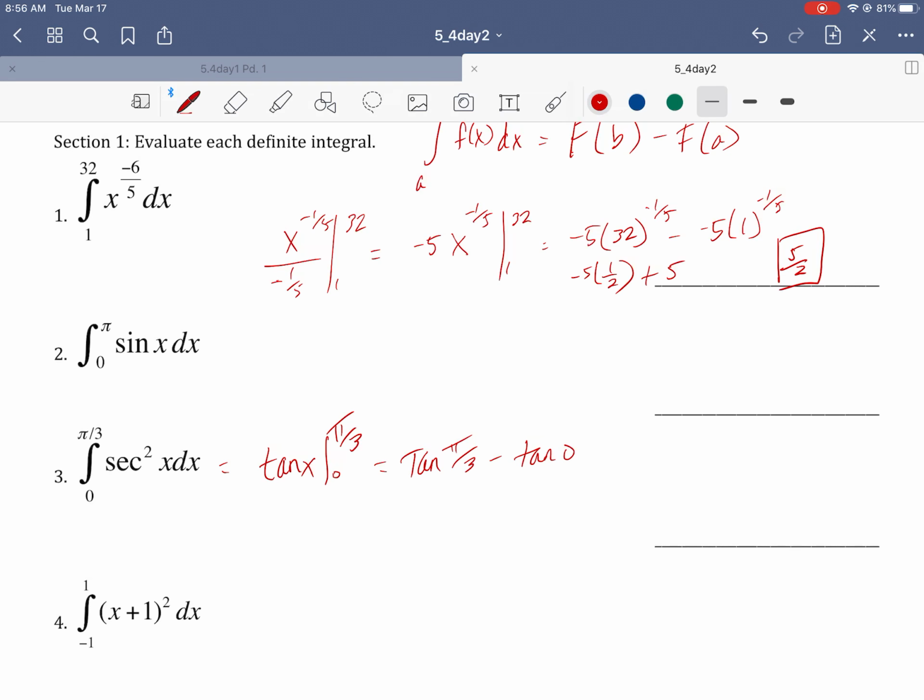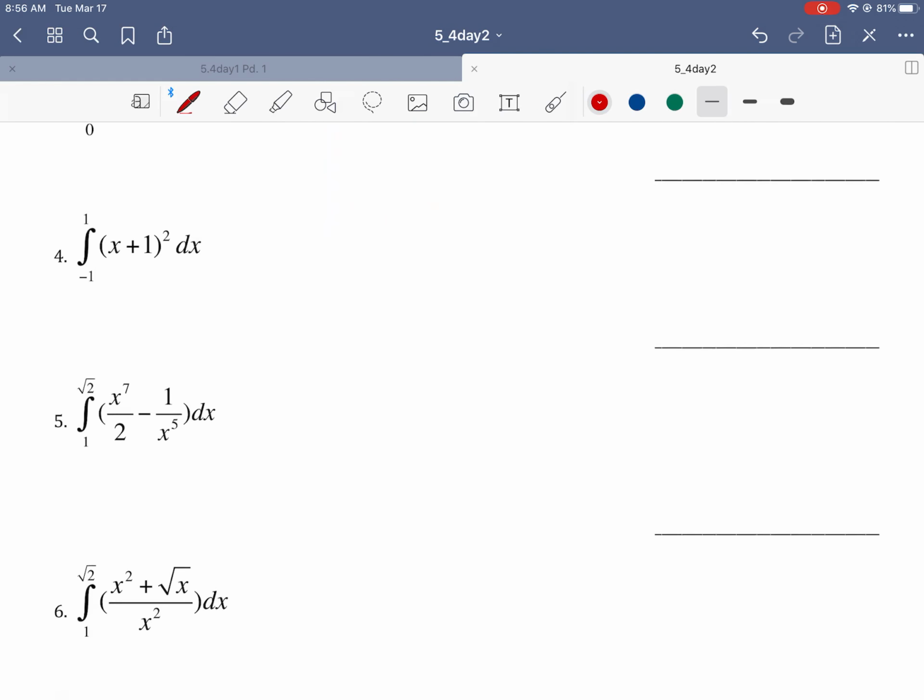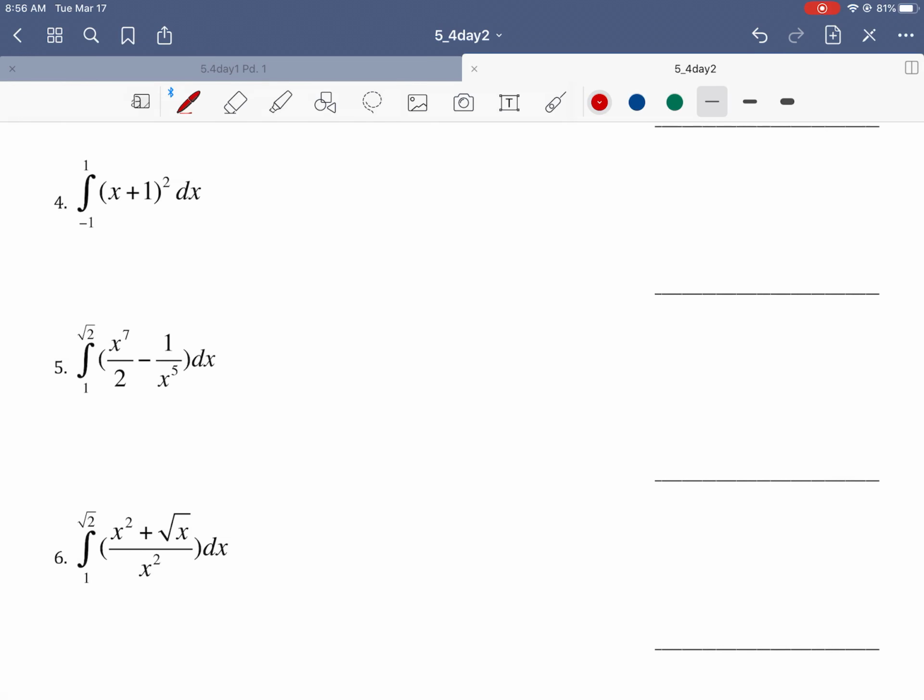So pi over 3 is your 60-degree angle. So the cosine is a half, and the sine is root 3 over 2. So we have root 3 over 2 divided by a half, minus tan at 0 is 0 over 1. So this ends up becoming root 3. Okay.